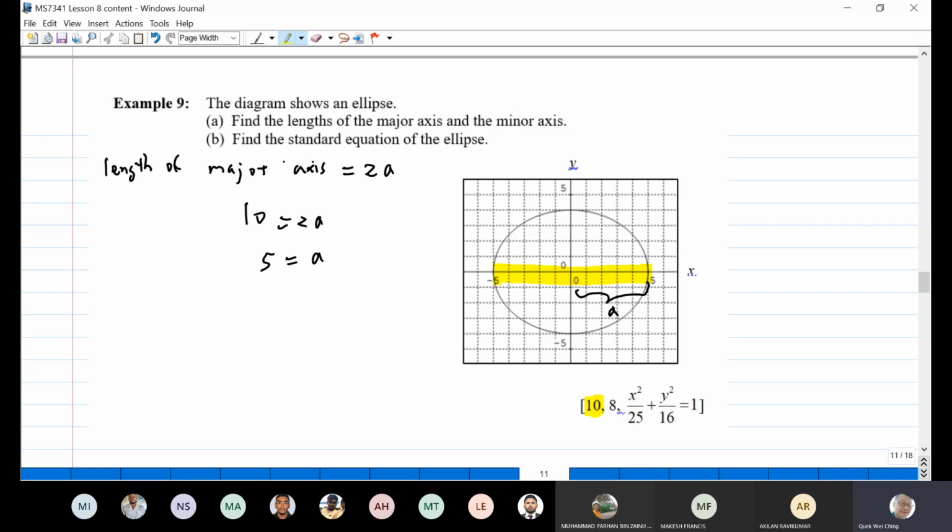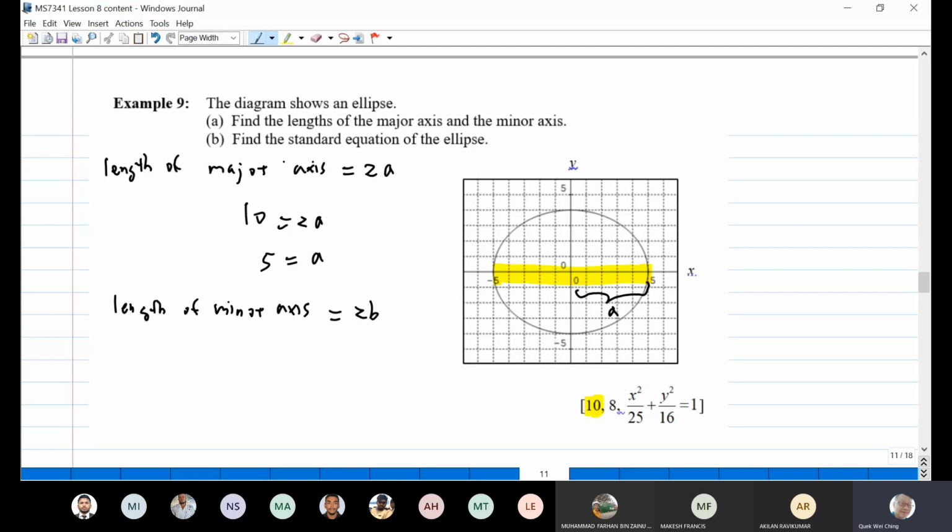How about the length of the minor axis now? The length of the minor axis here is 2b.